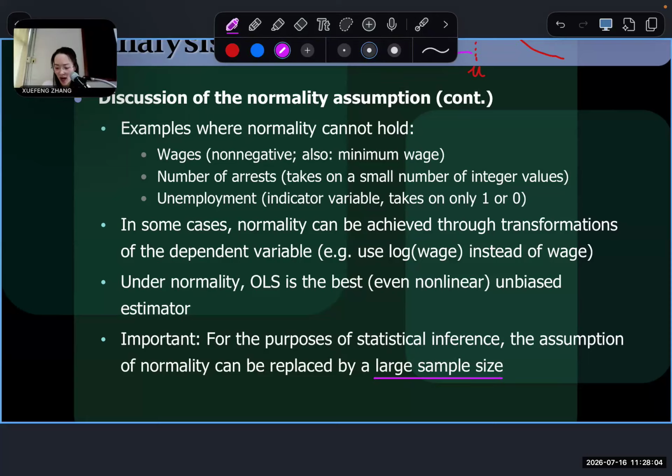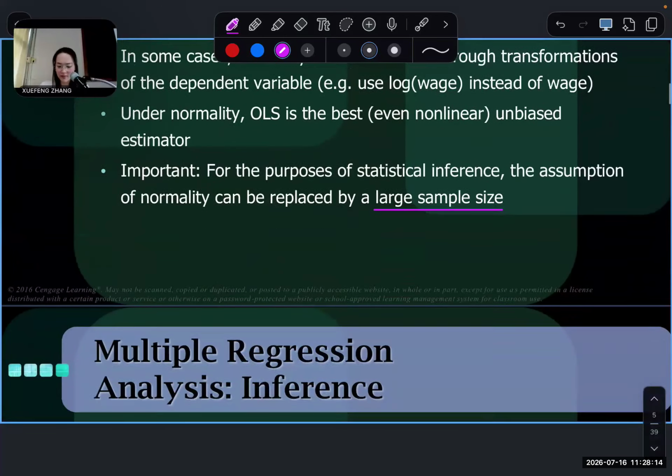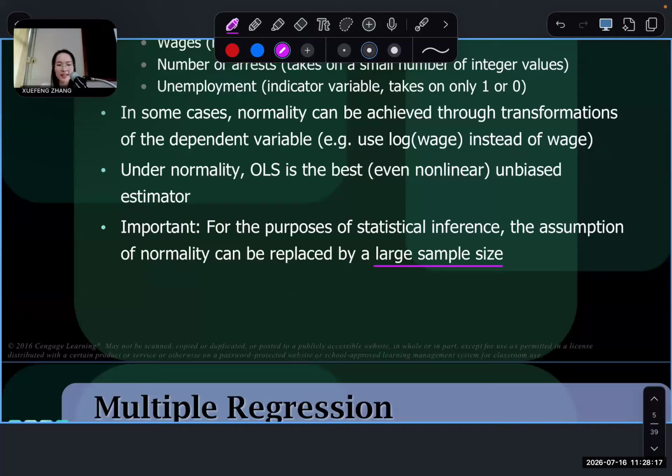This is why your advisor always suggests you get more data, because of large sample size. So the rule of thumb is that if you have a small sample, depending on your topic, normality matters.